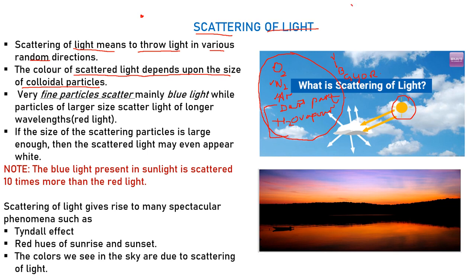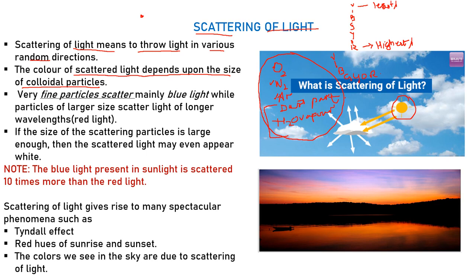As we know, VIBGYOR. So let's revise this. Violet has the least wavelength, and red has the highest wavelength.